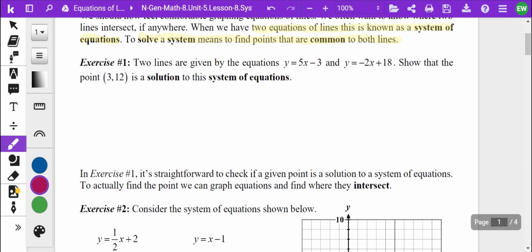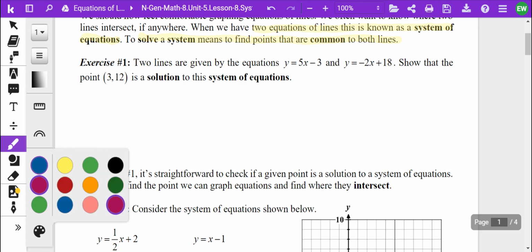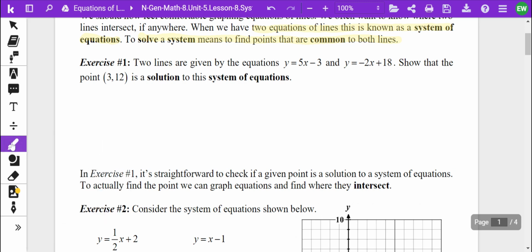All right, so exercise 1, it says two lines are given by the equations y equals 5x minus 3 and y equals negative 2x plus 18. Show the point that is the solution to the system of equations. So you're going to take a little note before you even go on.